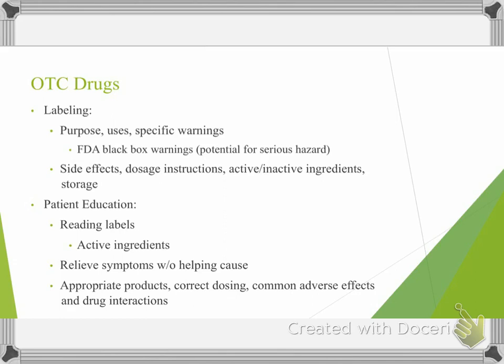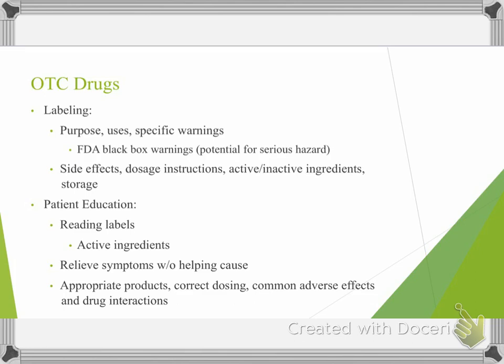Patient education. It's really important that we teach our patients how to read the labels. They need to understand what the active ingredients are. They need to understand that it may relieve their symptoms without helping the cause. So over-the-counter drugs can create a problem because the condition could get worse. For example, if you take Pyridium, it's like an anesthetic for your GU tract.